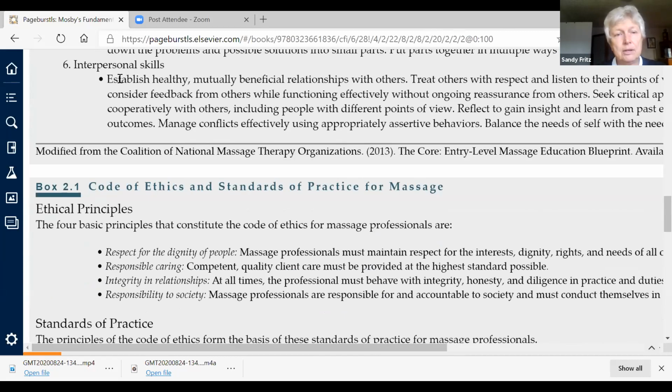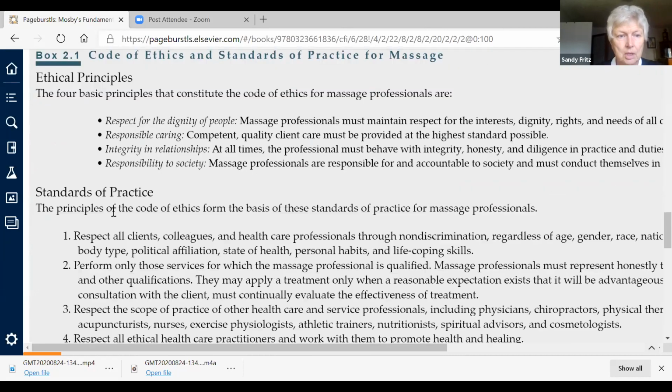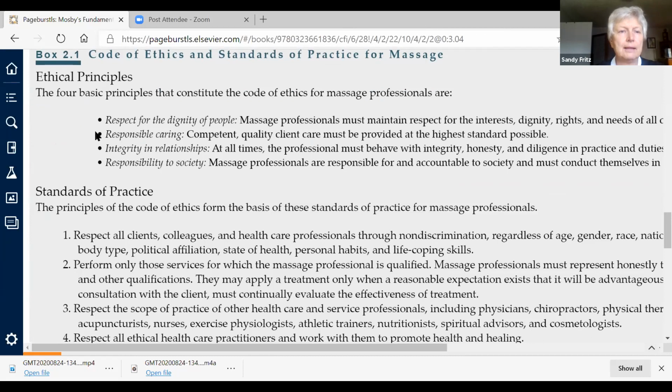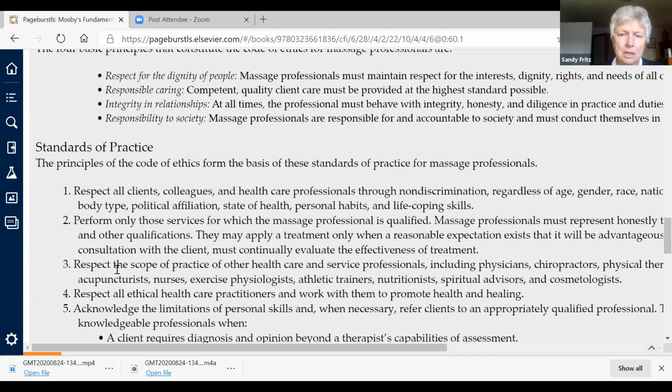Now, here's a basic code of ethics and standards of practice for massage. There are multiple organizations in the massage community, and they all have their own, but they're all pretty close. As you look at that, this idea of respect, responsible caring, integrity, and responsibility, these things are more vague, they're intrinsic, whereas standards of practice should reflect that.